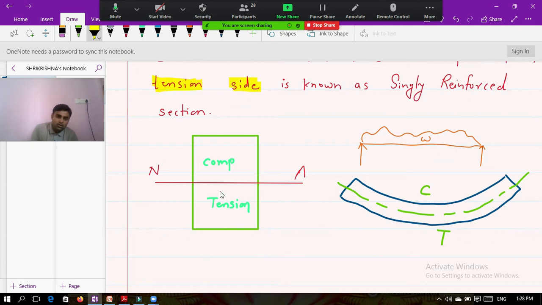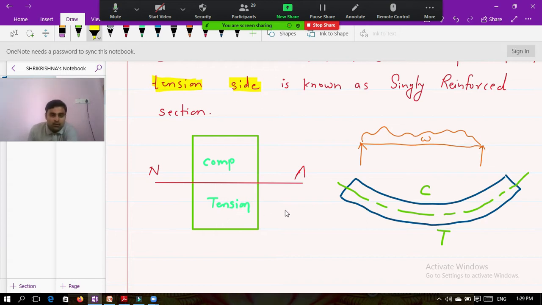So only the reinforcement is designed for the tension. There is no reinforcement designed for the compression. Concrete is sufficient to take care of the compressive stresses, but for the tensile stresses a special reinforcement is provided, that is, we design the reinforcement. So these types of sections are called singly reinforced sections.